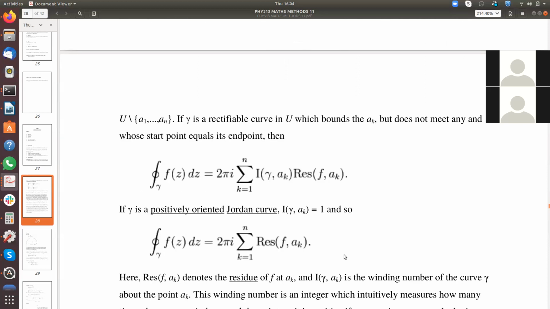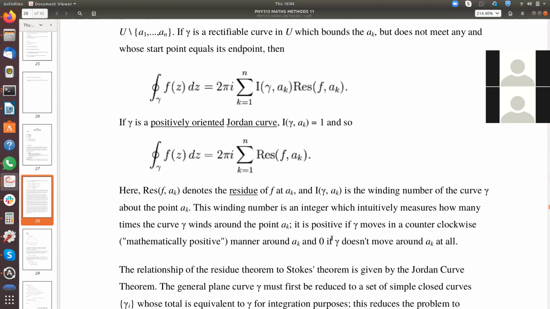If gamma is a positively oriented Jordan curve, then the winding number term is equal to 1, so we are left with 2 pi i times the sum of the residues of f at a_k. Here, Res(f, a_k) denotes the residue of f at the point a_k, and I(gamma, a_k) is the winding number of the curve gamma about the point a_k.